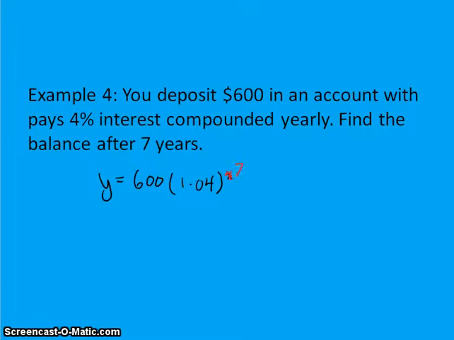We're going to plug 7 in, so 1.04 raised to the 7th power times 600. Remember from order of operations that your exponents are always evaluated first. That's why I've been saying calculating the 1.04 to the 7th first, and then that times 600. So $789.56.